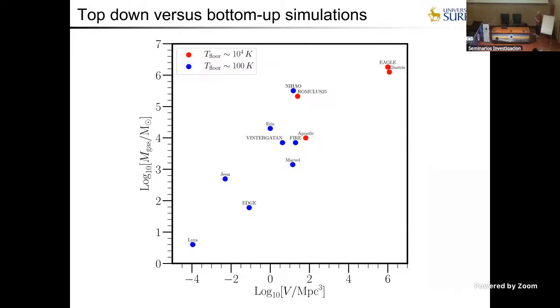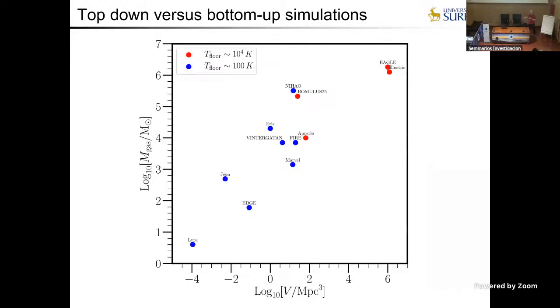And on the y-axis, we have M gas. This is sort of the optimistic, probably, minimum gas mass you think you can resolve. And on this axis here, we have the volume of the simulation, okay? So huge volume simulations over here and tiny, tiny volume simulations over there. So up in this corner, we have large volume, low resolution simulations, really useful for getting galaxy statistics.